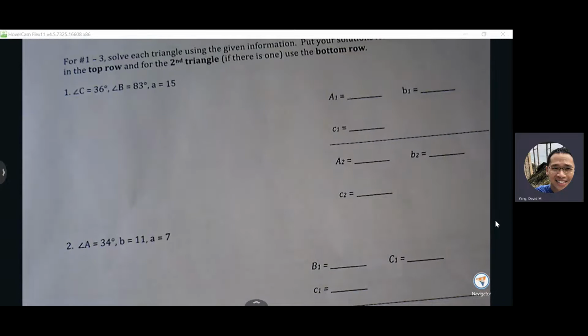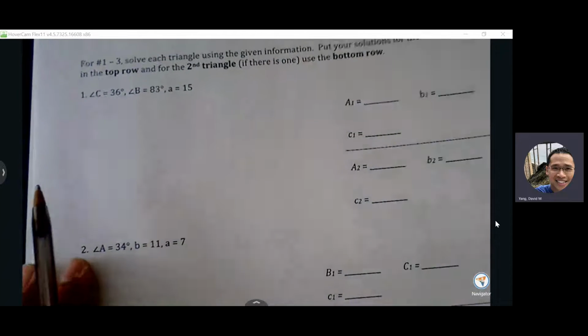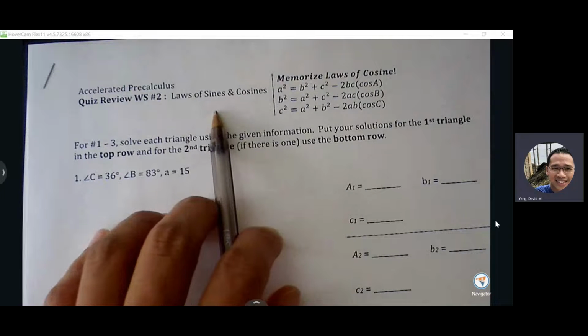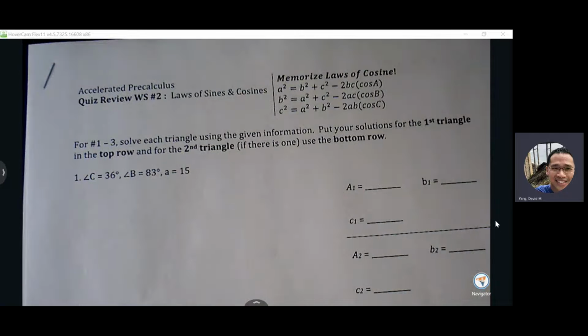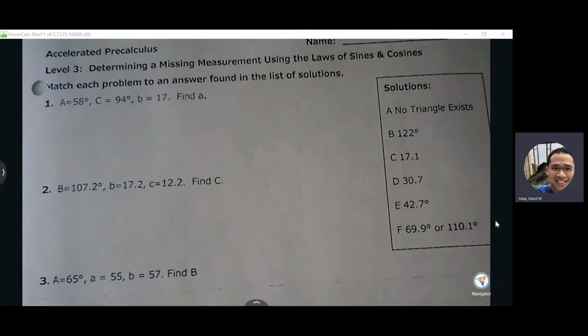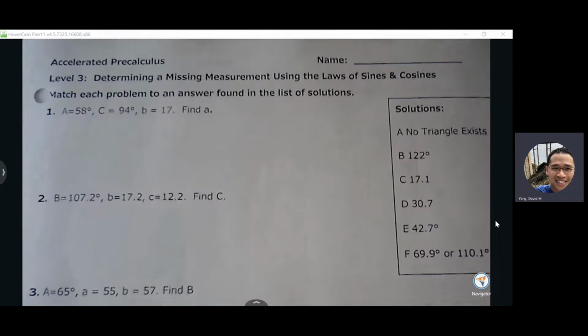But really, you're just trying to put the information onto a triangle, and then from there make the same decisions you would make. So I'm going to save the quiz review for you to work on later tonight as a way of getting ready for the quiz. But I'd like you to do the level 3, which I think is also good quiz review material.